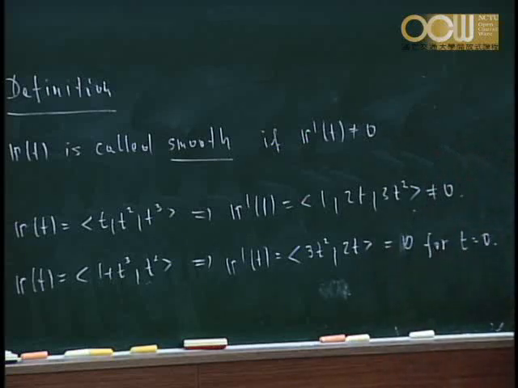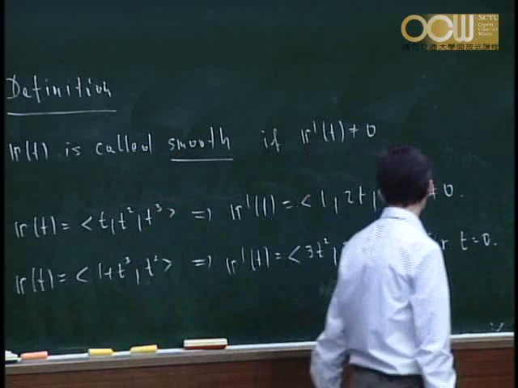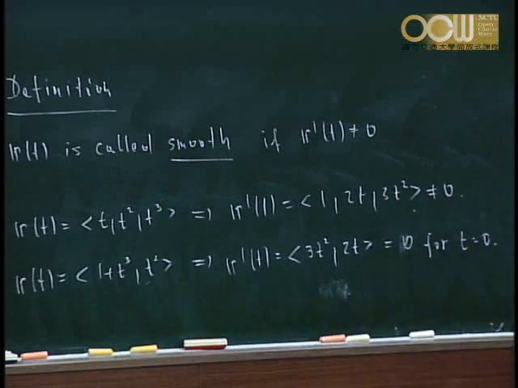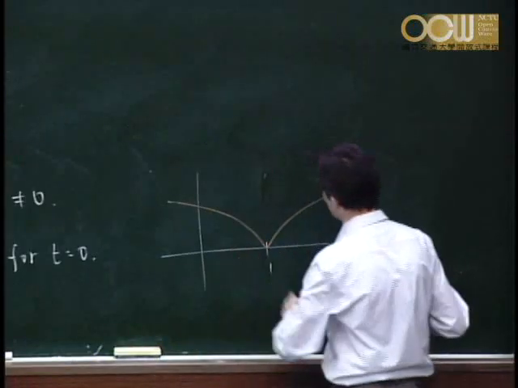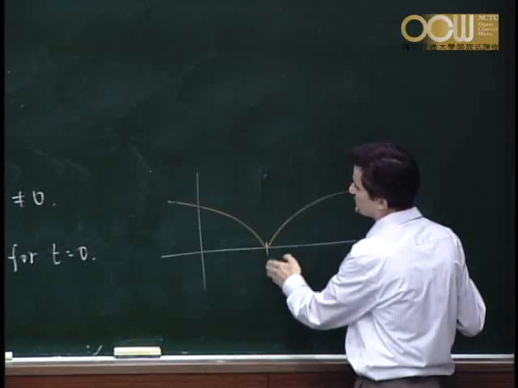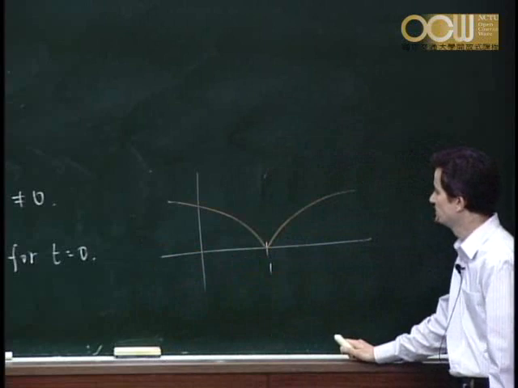Actually, if you plot this function, it looks like this here. So you see that the point where the plane curve in this case is considered to be not smooth is this point here. But if you exclude this point, then the curve will be smooth for the other points. So if you just look at the domain, which is t larger than 0 or t smaller than 0, it always will be smooth.